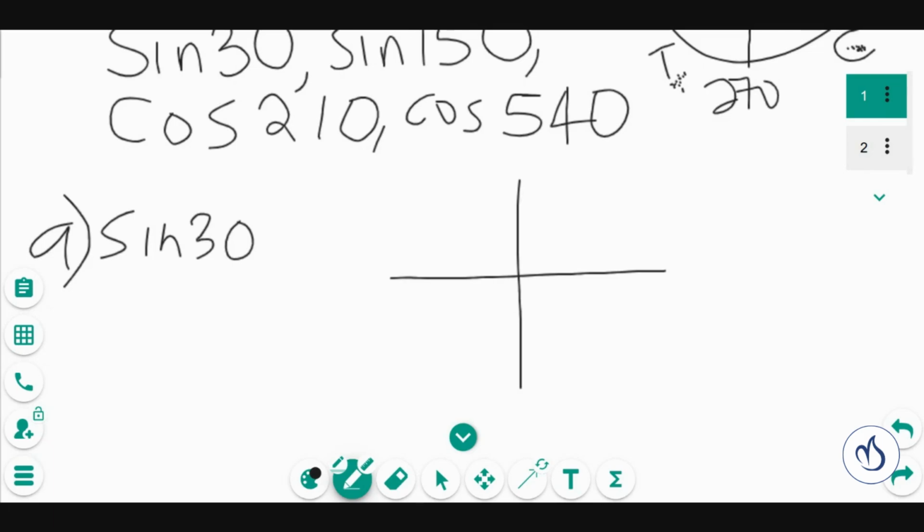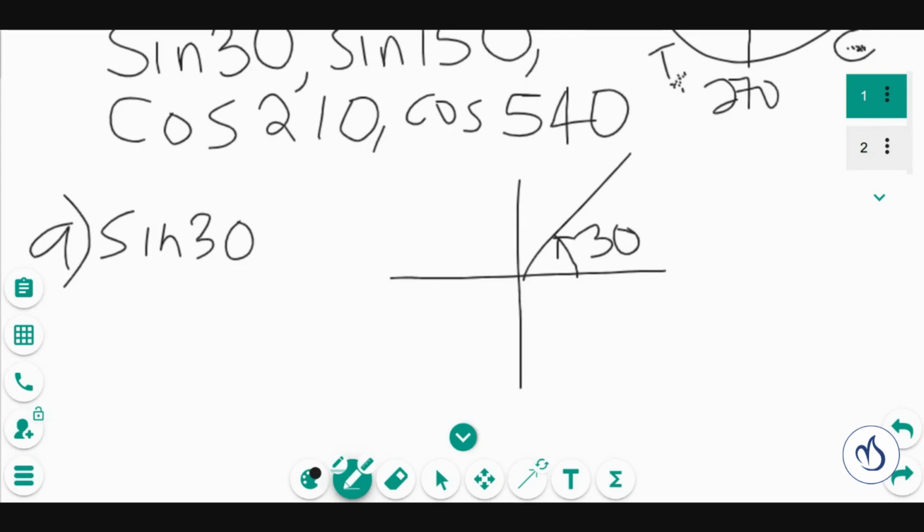And I measure 30 degrees. Assuming my 30 degrees are here, this is 30. Whenever I'm measuring anti-clockwise, that angle is positive. So there I have represented sine of 30. I have represented the angle 30.